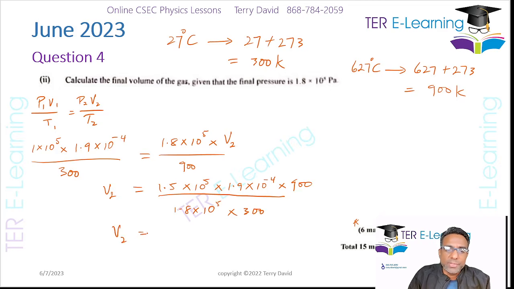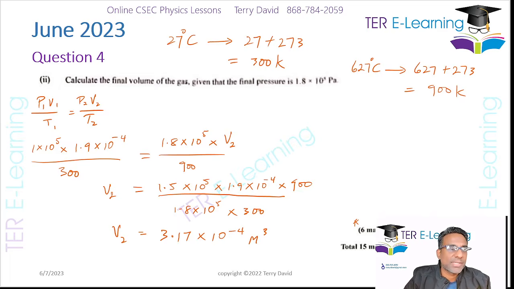So therefore V2 is equal to, let's check this properly, 1 by 10 to the 5 multiplied by 1.9 by 10 to the minus 4 multiplied by 900, divided by open brackets 1.8 by 10 to the 5 multiplied by 300. And I am getting my final volume as 3.17 by 10 to the minus 4 meter cube. Right, so that takes care of question 4.